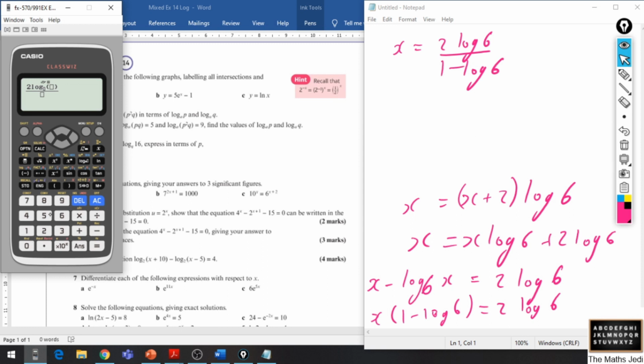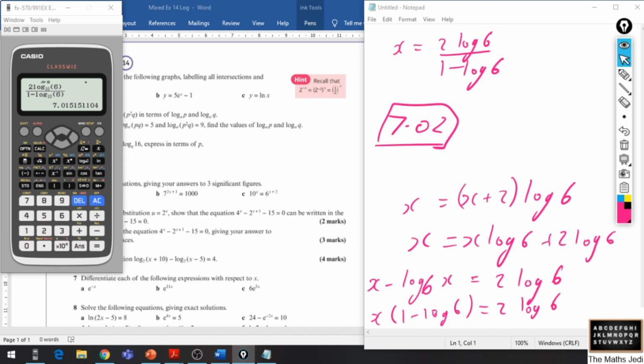So log base 10 of 6, and then underneath 1 minus log base 10 of 6, and see what that gives us. So it's 7.36, we're going to say 7.02 to 3 significant figures. So that's what x is to 3 significant figures.